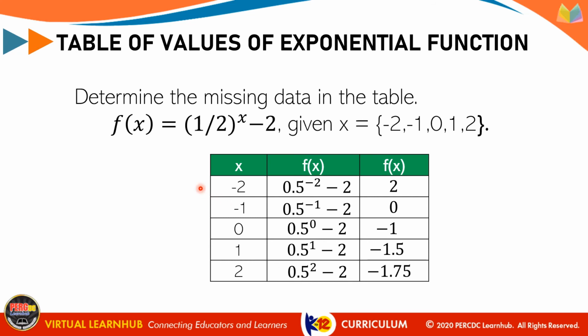We can see here that as our value of x increases, our y value is decreasing in value. And that is because our base is greater than 0 but less than 1, or a decimal value. That is why our y value or f of x is decreasing.